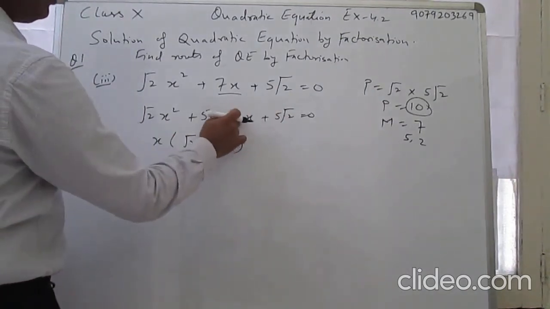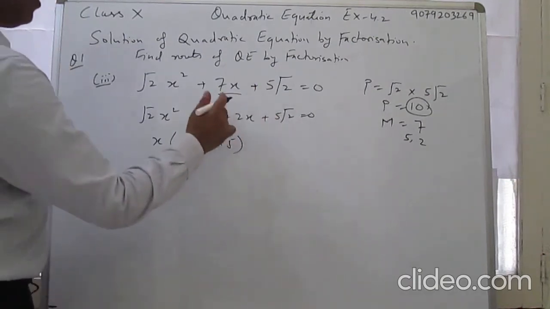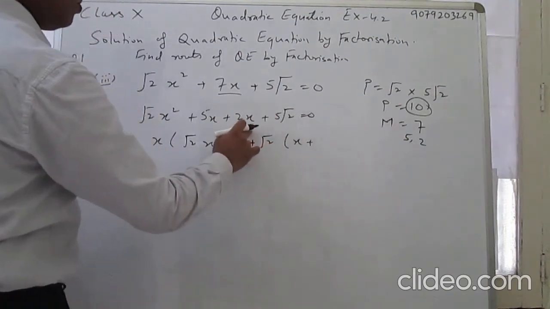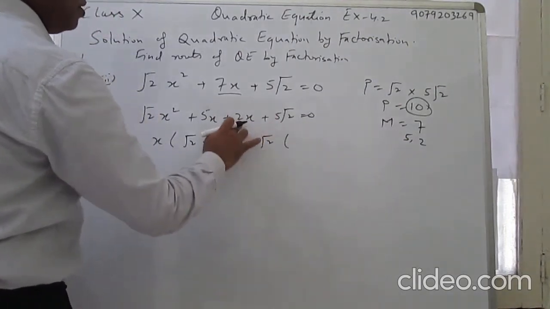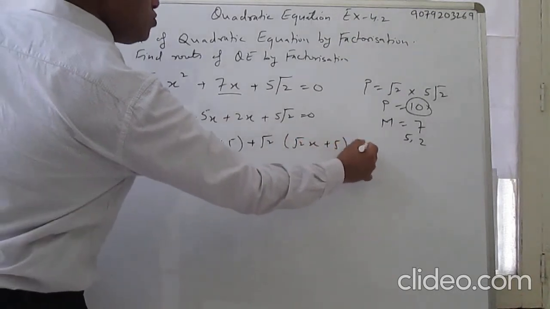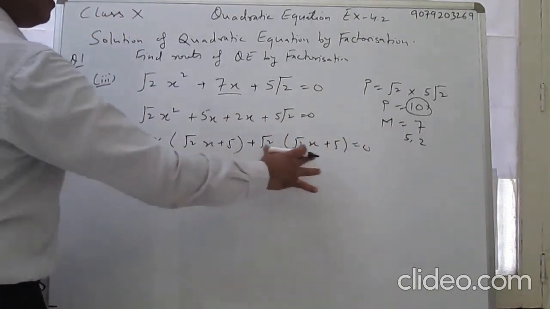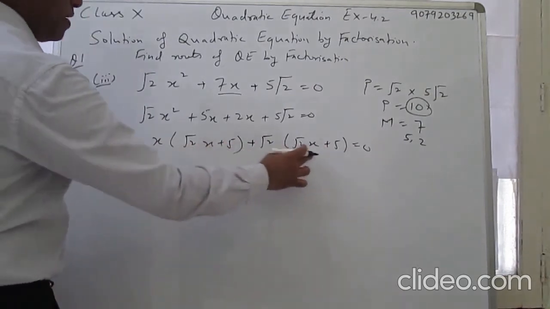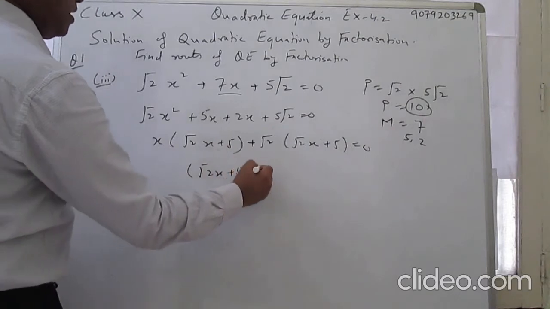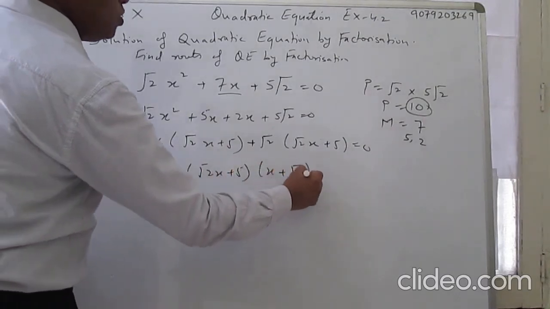Now take root 2 common from the rest: root 2 into root 2x plus 5 is equal to 0. Again root 2x plus 5 is common, and in another bracket x plus root 2.